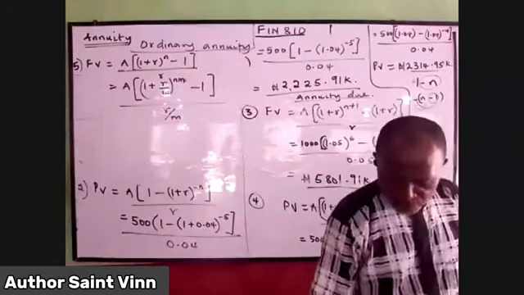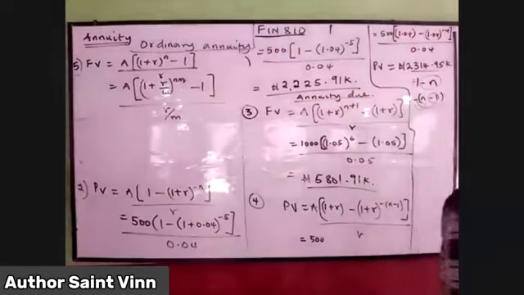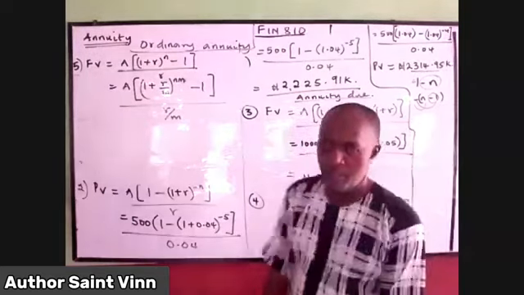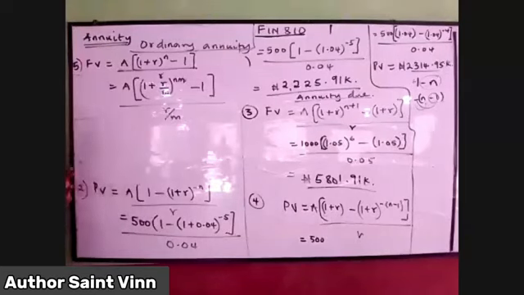Those of us online, have you seen the formula? Everybody can get this? Good. Hello, sir. I can hear you. I don't understand how the N and R divided by N. We said that when you compound daily, you divide the R by M. That M you are seeing is the number of times the interest is compounded per year.